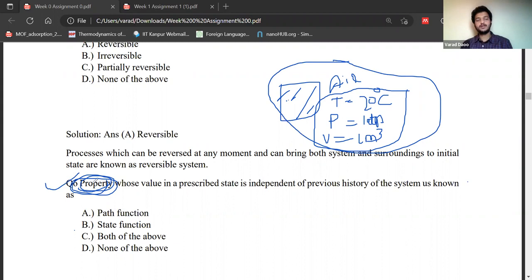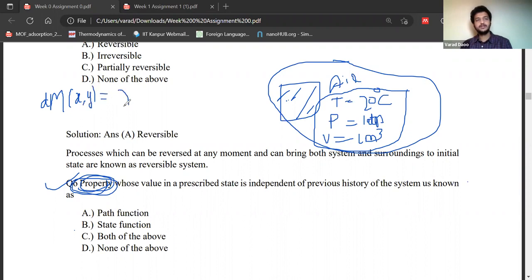Another characteristic of properties is that we can write a complete differential of a property. So let's say M is a thermodynamic property, which is a function of x and y, right?